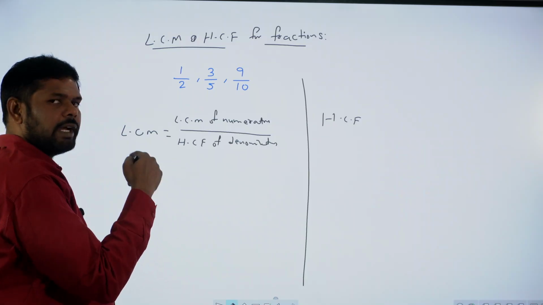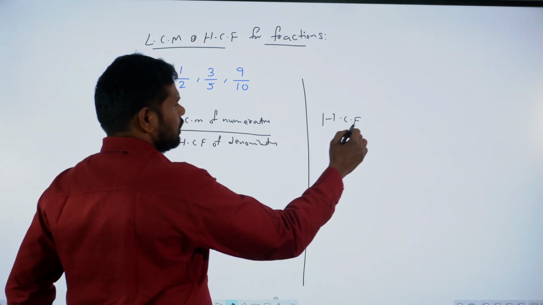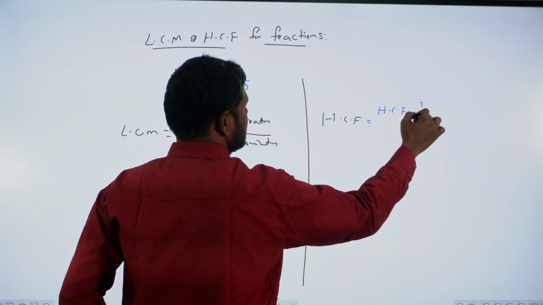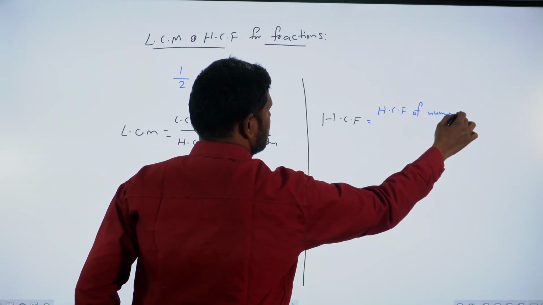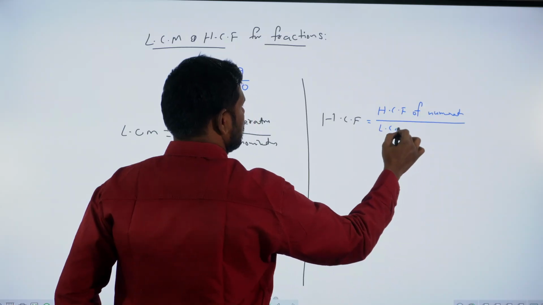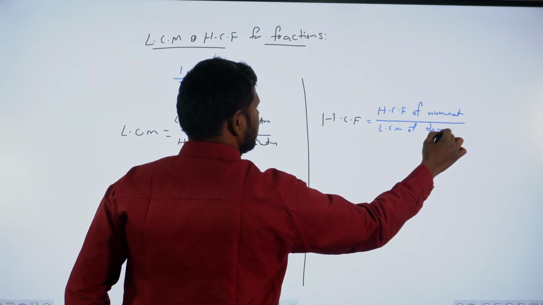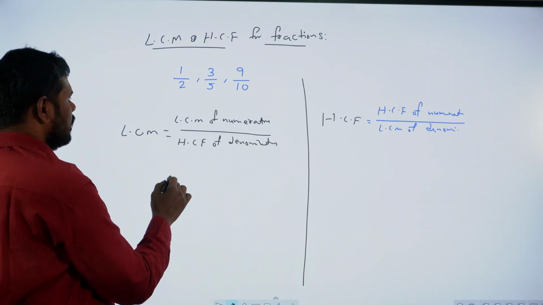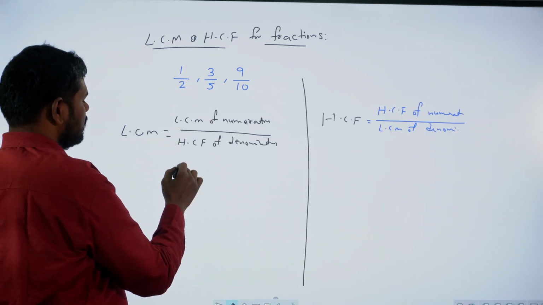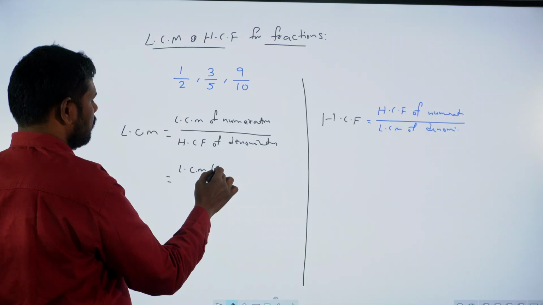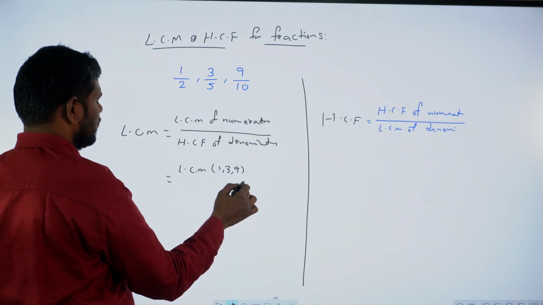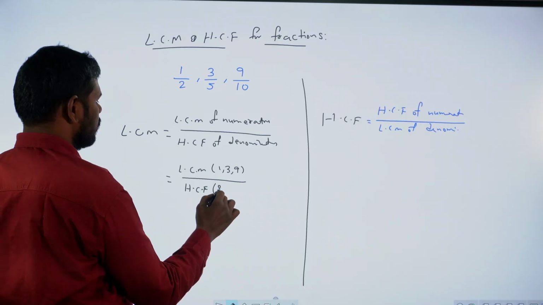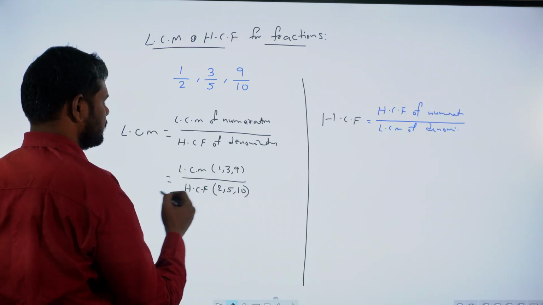Suppose you need to find the HCF for the given fractions, then you need the HCF of numerators divided by the LCM of denominators. So the LCM of numerators means LCM of 1, 3, 9, divided by the HCF of 2, 5, 10. That's it.